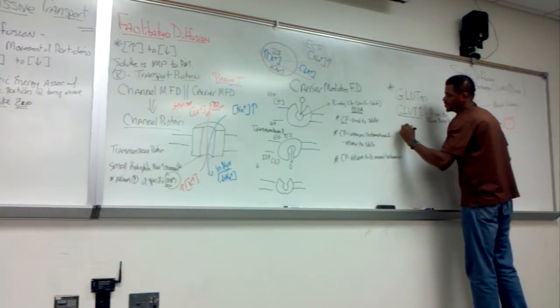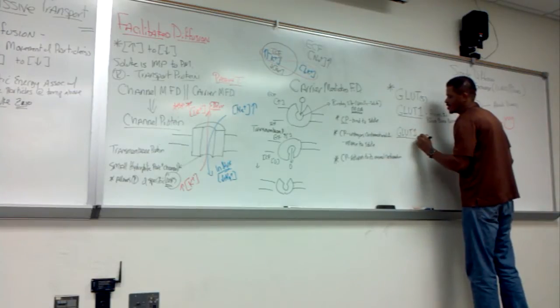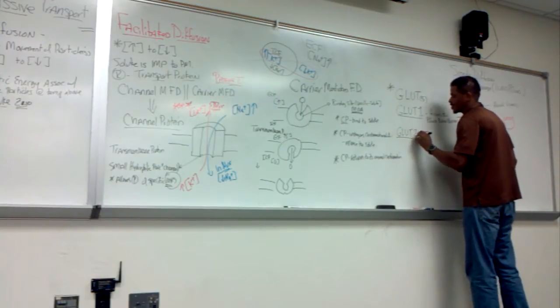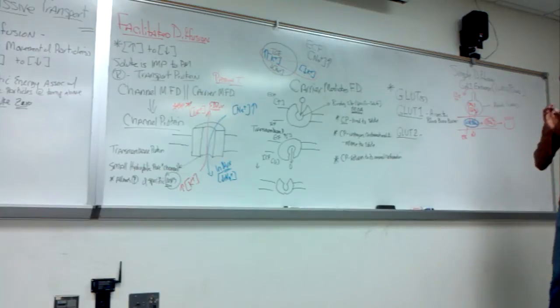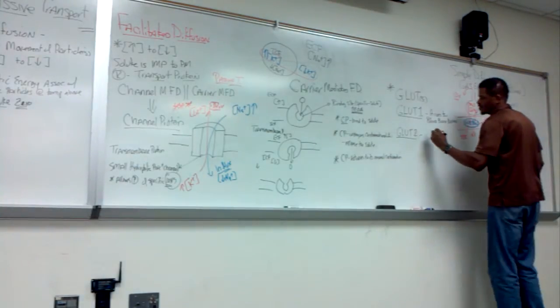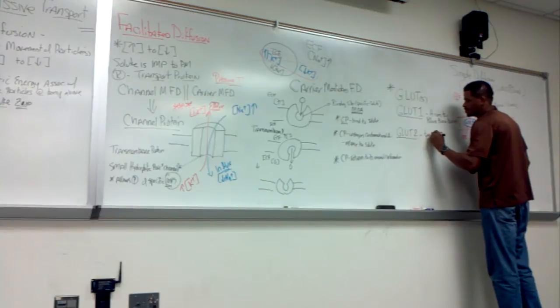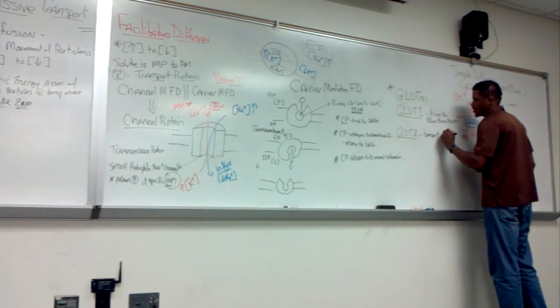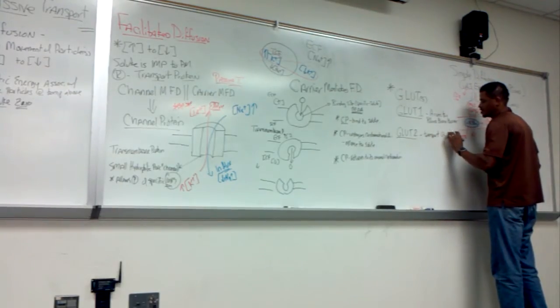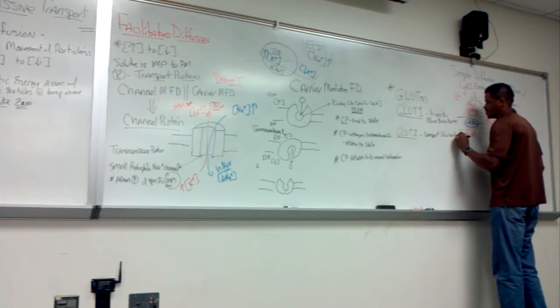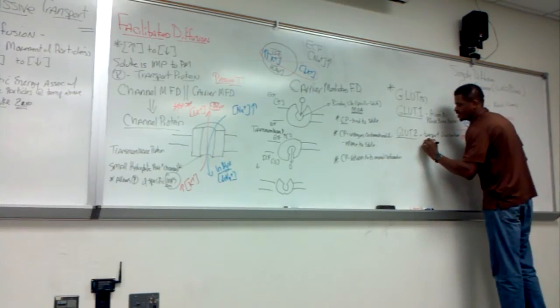The other type of GLUT, GLUT2, will transport glucose from cells associated with the kidney into the circulation.